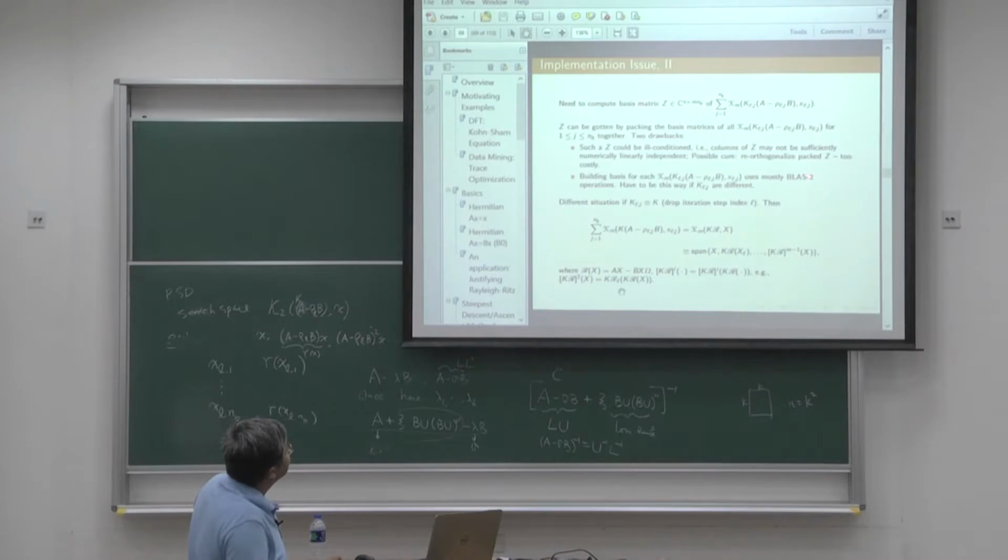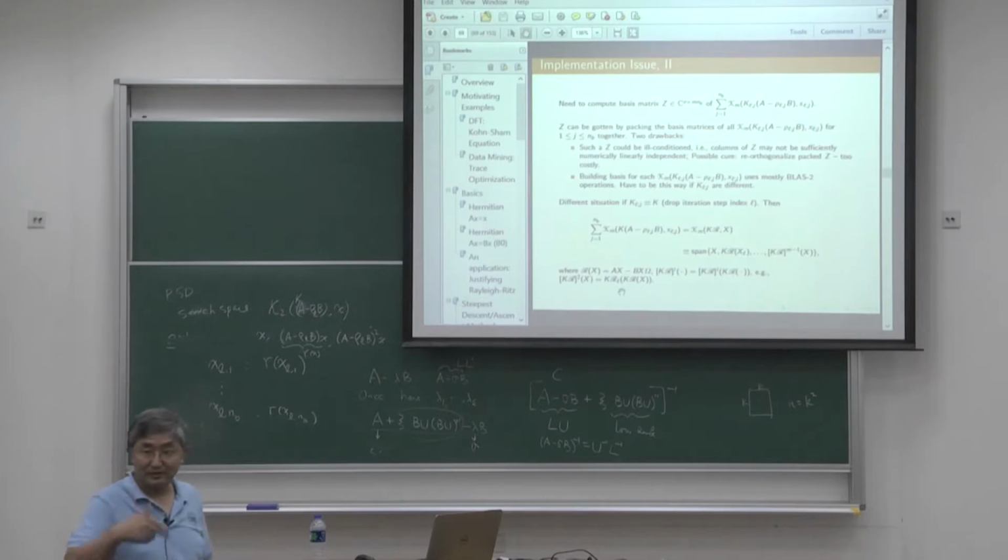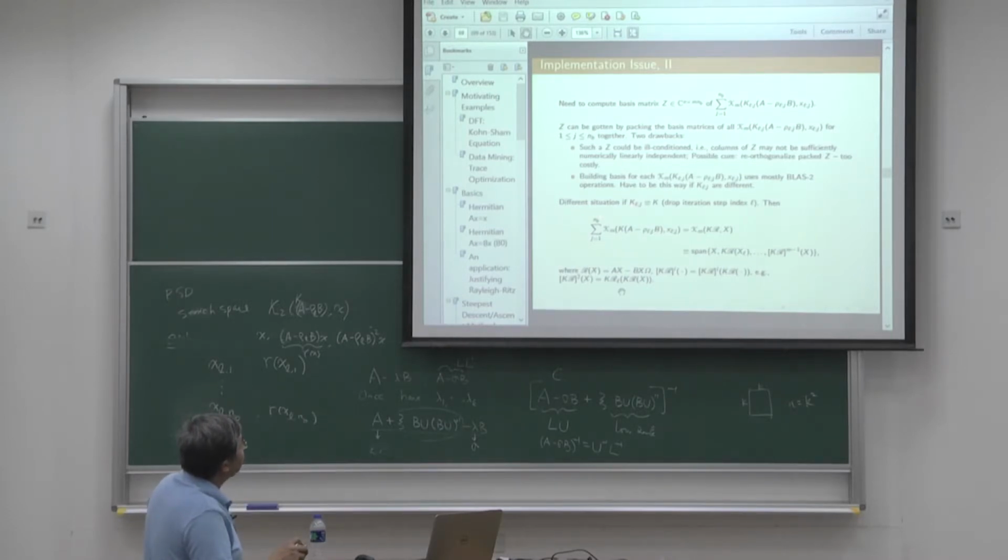Second, if you're going to compute each individual one, that's basically Level 2 BLAS operation, which means matrix-vector operation. It's good, but it's not the best, right? The best would be using matrix-matrix operation. So here's the idea: suppose that for the L step, your K is independent of the eigenvalue.